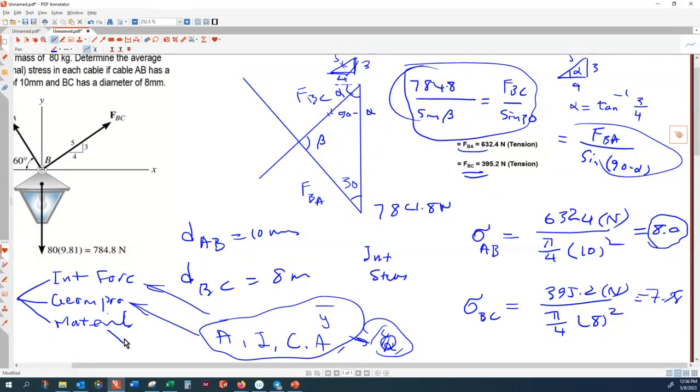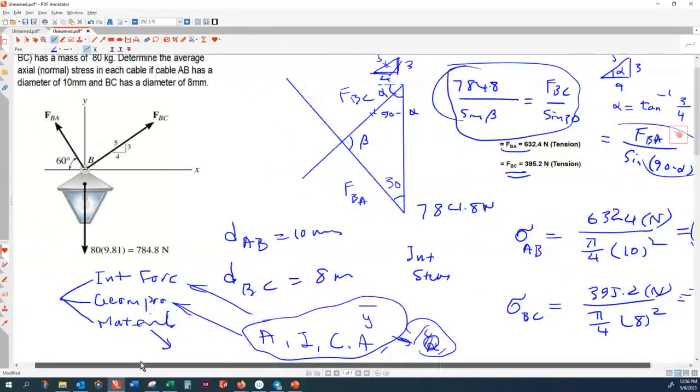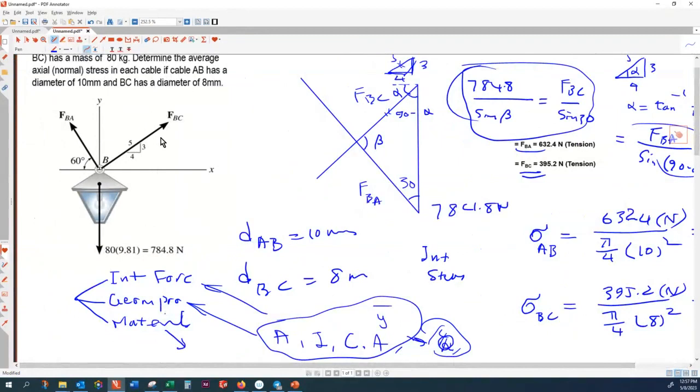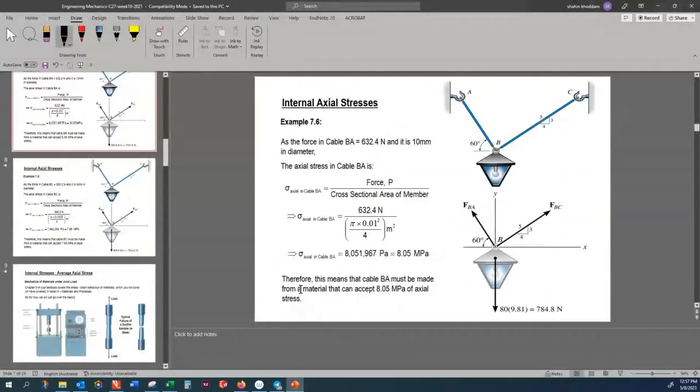The third one is material. If in this problem I had one of these cables made of aluminum, the other one made of steel, even if the stresses are compared, that is not enough. So how can you utilize material to make a judgment? You have to do some performance tests on material.